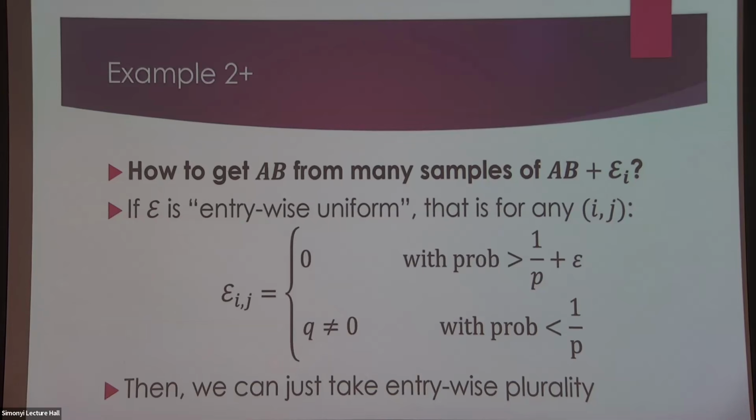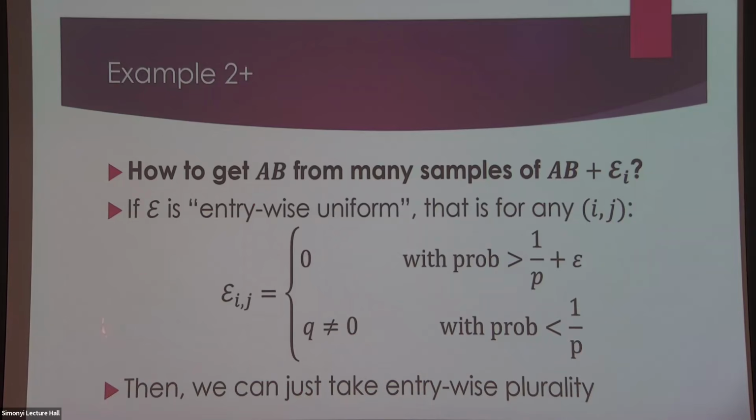Because now I can just take about 1 over epsilon squared different R1 and R2s, compute the histogram, or just the plurality, in each coordinate. Because the 0 appears more than all the others, and all the others appear with the same probability, which must be lower than 1 over p, while this one has probability higher than 1 over p, the one I would see the most times is the correct one, up to a log of the size of the field or something like that for a specific unit. So we could just take many samples, get the entry-wise plurality, and we would be happy.